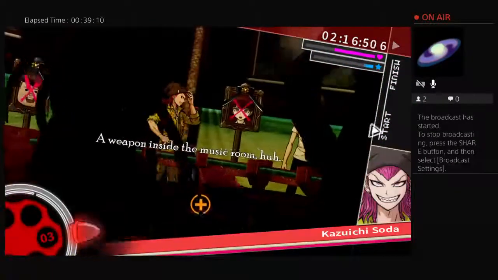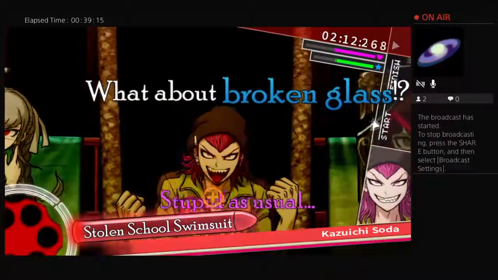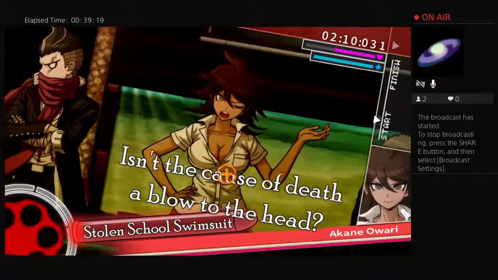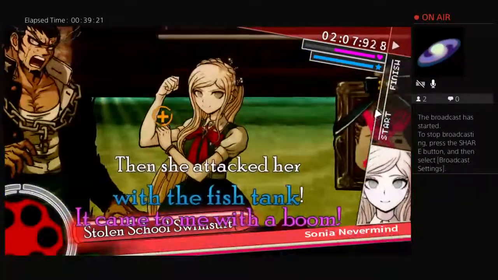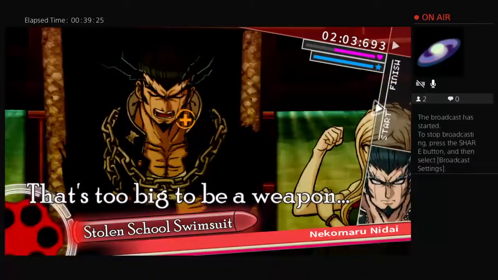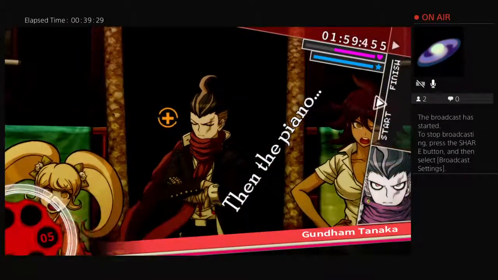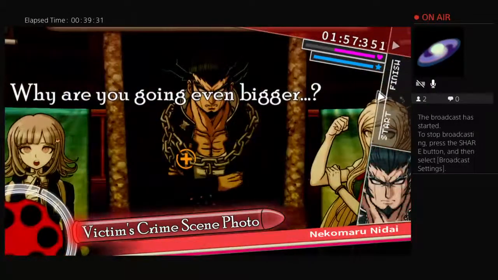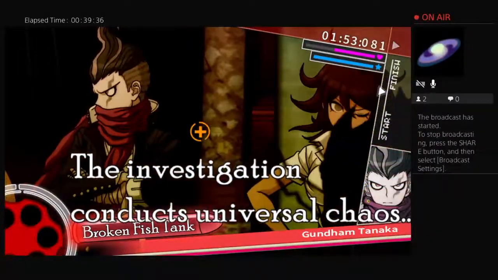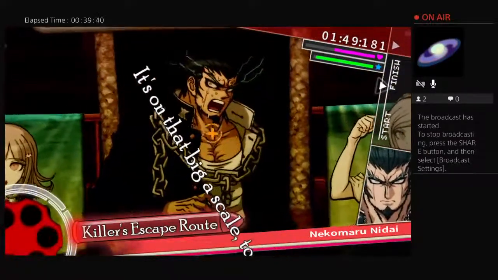A weapon inside the music room, huh? What about broken glass? Isn't the cause of death a blow to the head? Think you attacked her with the fish tank. That's too big to be a weapon. Then the piano. Why are you going even bigger? The investigation conducts universal chaos. It's on that big a scale, too?